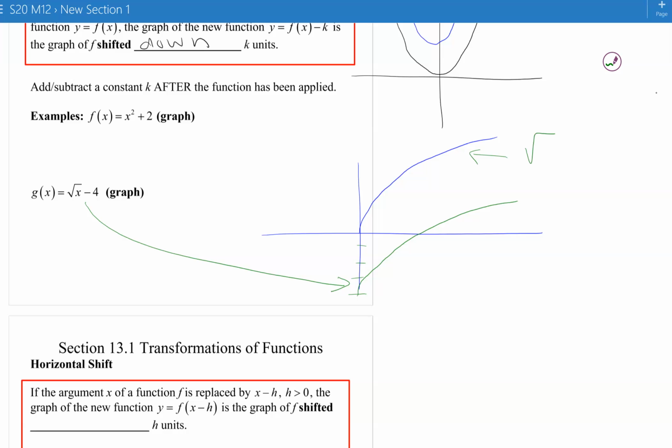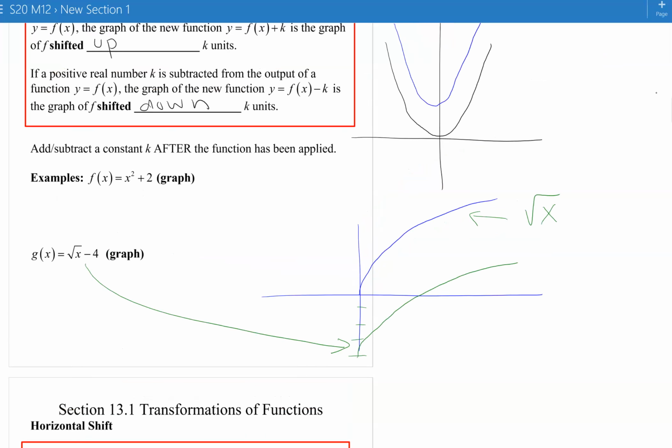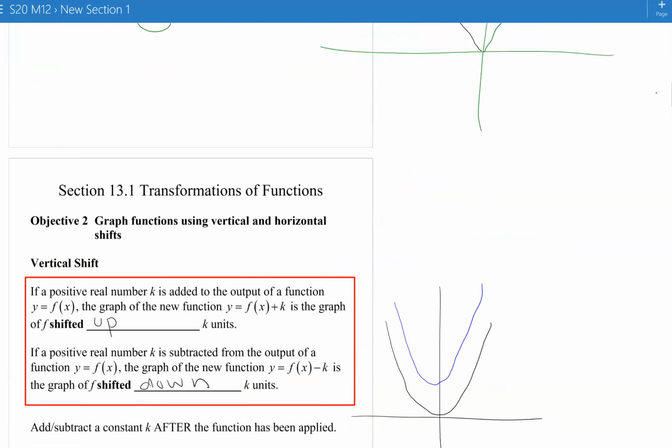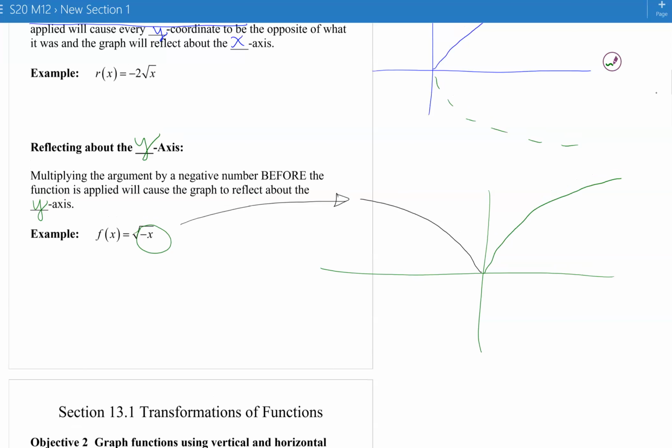This is the parent graph of square root of x. So let me just take a minute to go back and talk about identifying the parent graph. So the parent graph is the square root of x. And here the parent graph, square root of x.